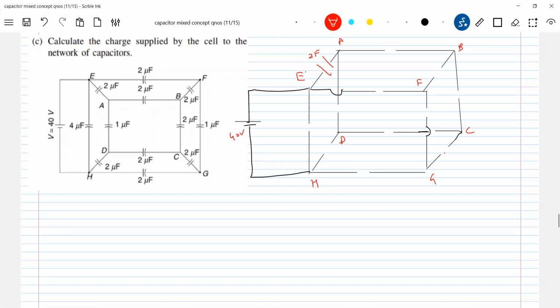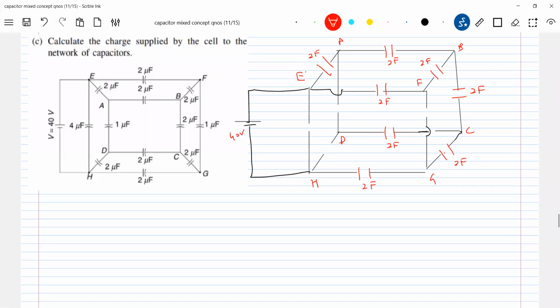Between AB, then FB, 2 farad, BC, 2 farad, CG, 2 farad, DC, 2 farad, HG, 2 farad, EF, where is the EF? This also 2 farad. And let's come to EH.